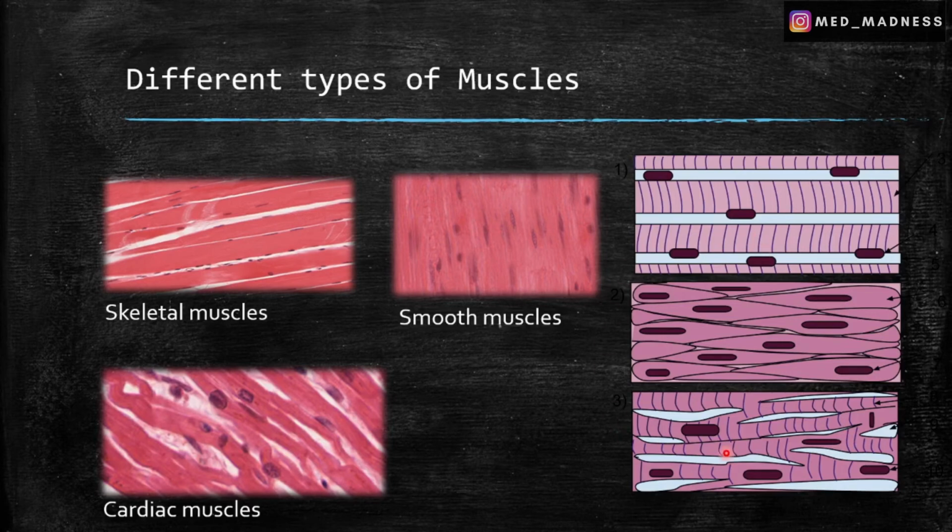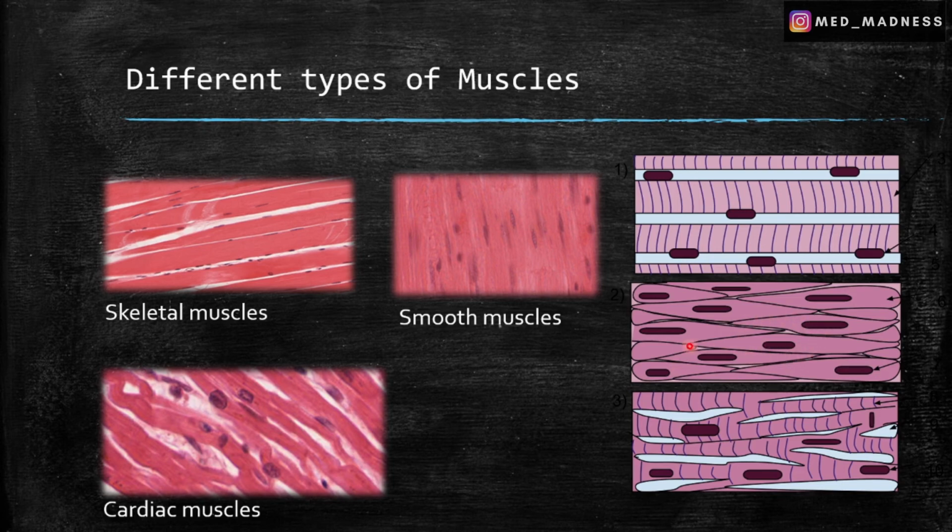These striated muscles are skeletal muscles and cardiac muscles. The non-striated muscles are smooth muscles. So if striations are present, it can be skeletal muscle or cardiac muscle. If there are no striations, it is smooth muscle.